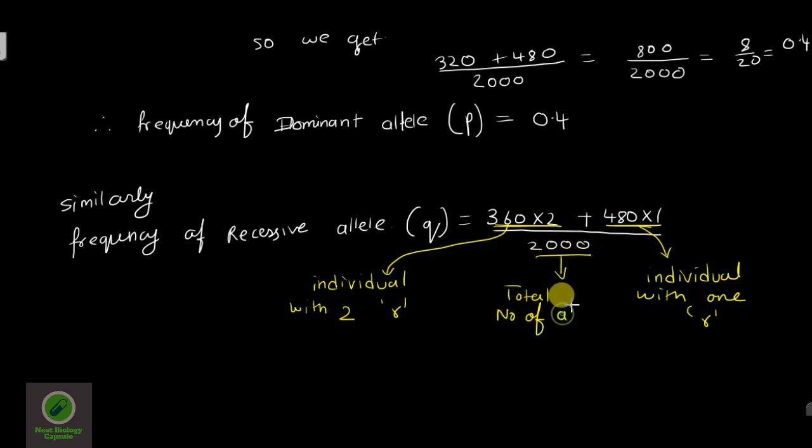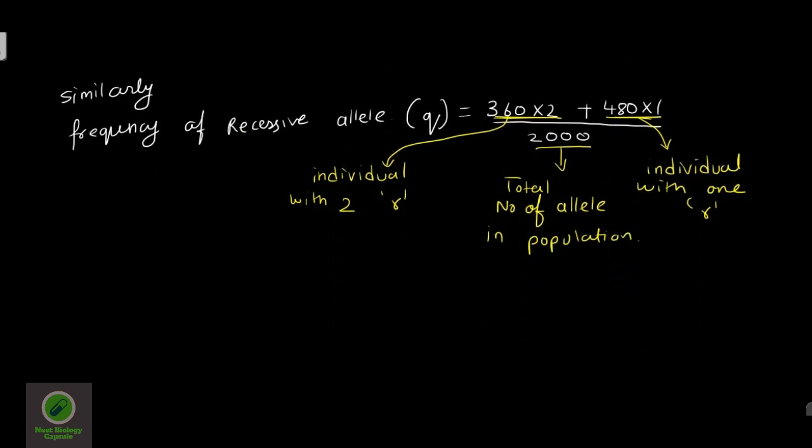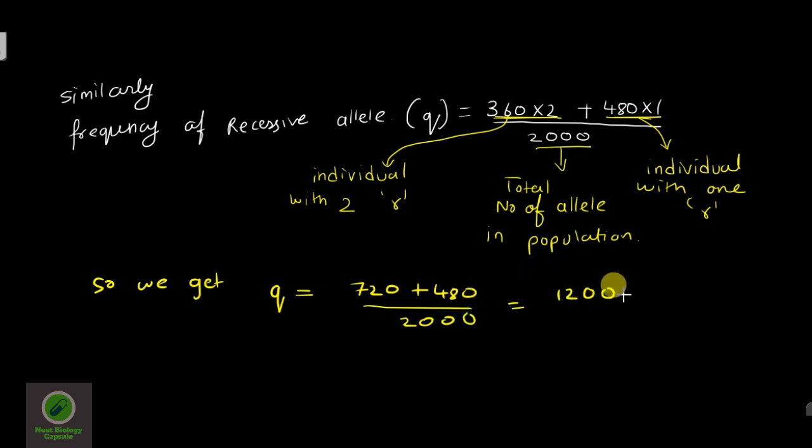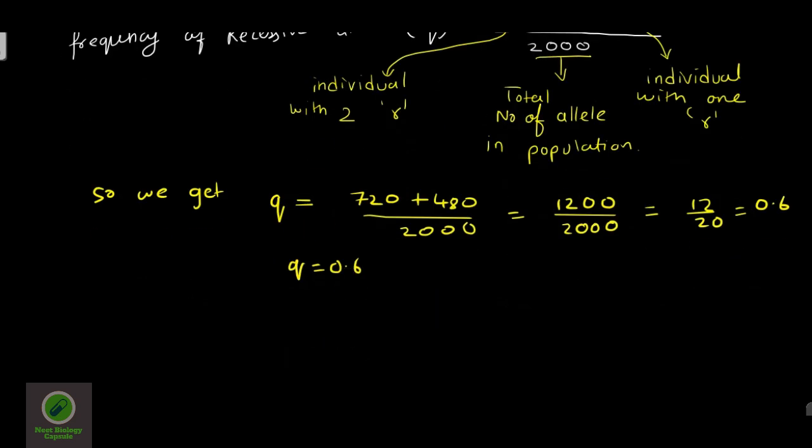And 480, since heterozygous will possess only 1 small r, we multiply it by 1. Again, the total number of population is 1000, so total number of alleles will be 2000. When we solve this, we get 720 plus 480 divided by 2000, which comes to 0.6. Therefore, q, the frequency of the recessive allele, is 0.6.